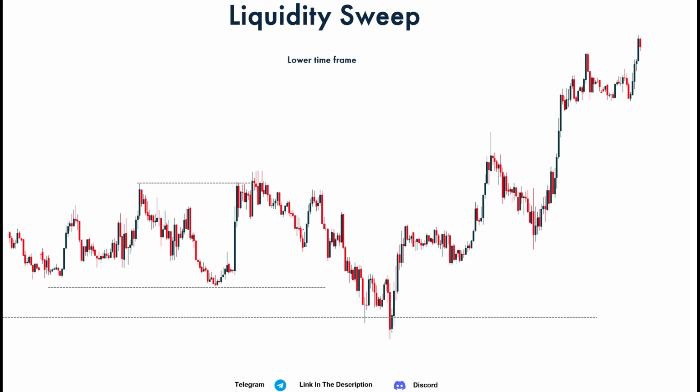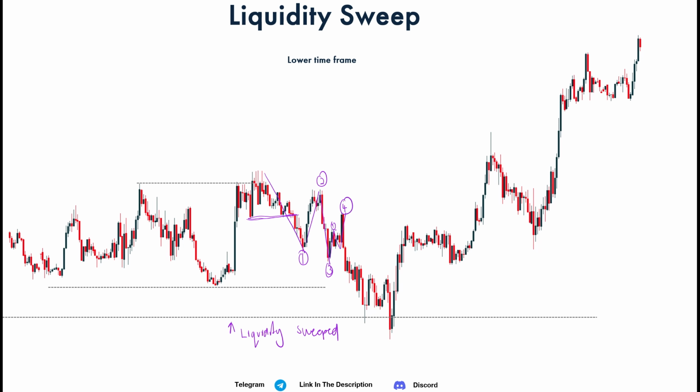We have this area here. We have a move to the downside. This is our 1. This is where we are targeting the liquidity to be swept. And then we have this as our 2, and then we have 3, and then we can clearly see that this is not 4 here because price traded above it.